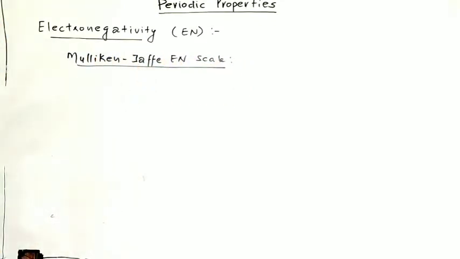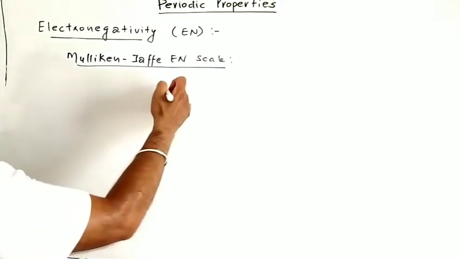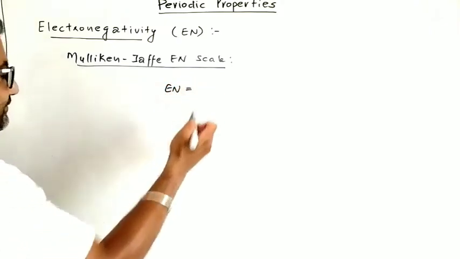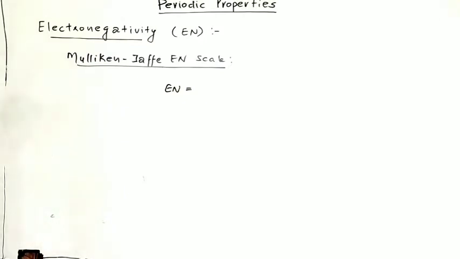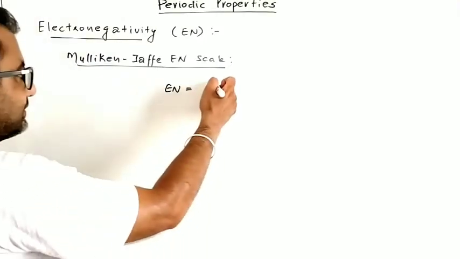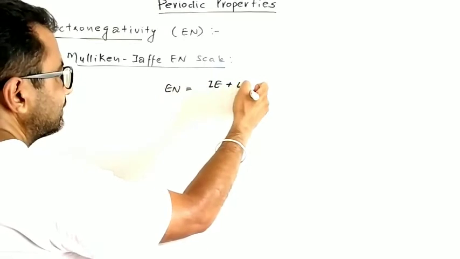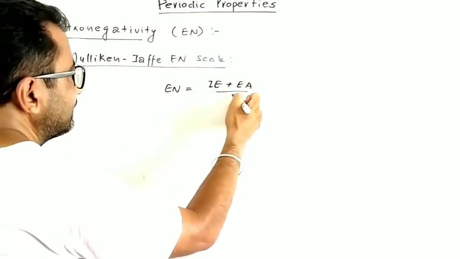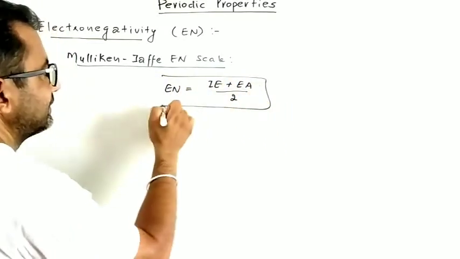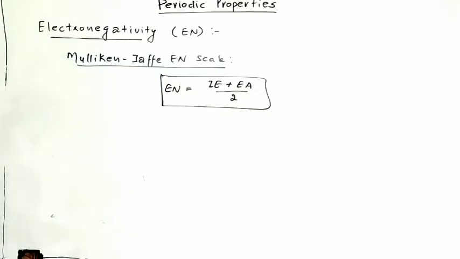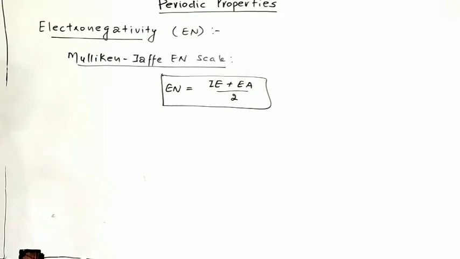So electronegativity, according to this, is regarded as the average value of electron affinity and ionization energy. Because electron affinity and ionization energy affect the electronegativity, as electronegativity is a force of attraction.